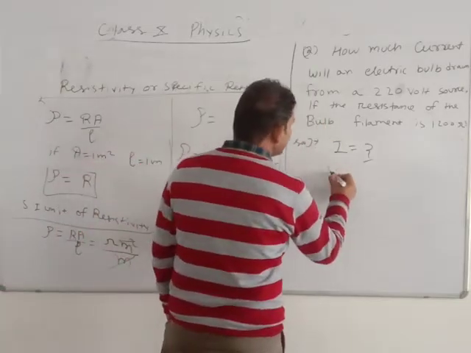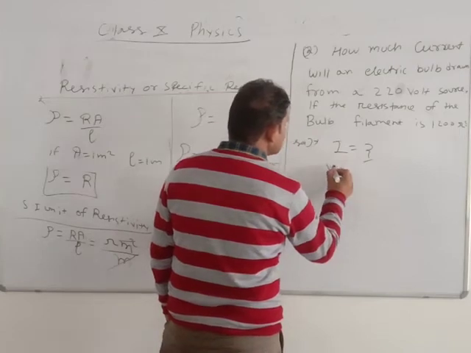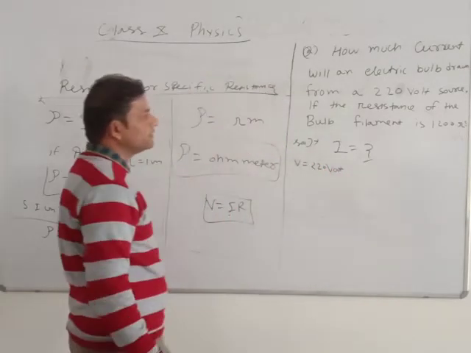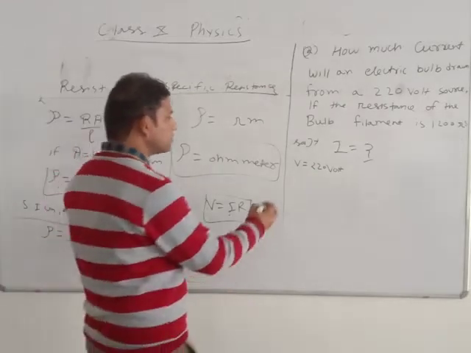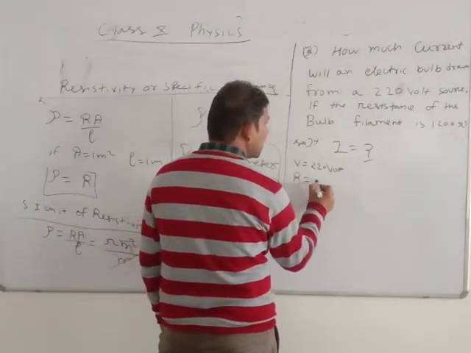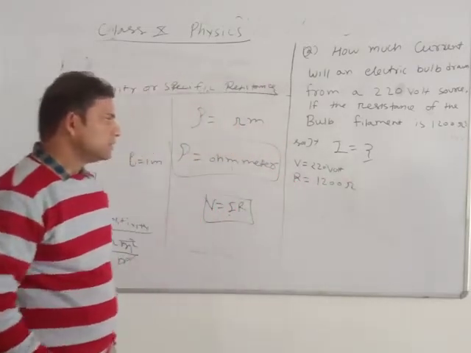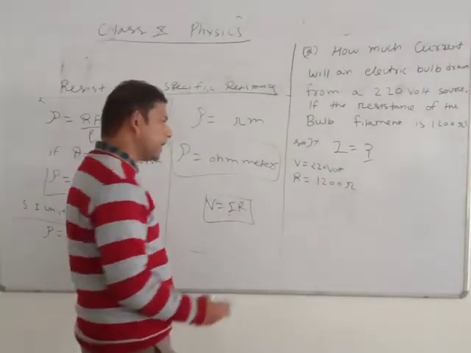The voltage is 220 volt, V equals 220 volt given, and resistance R equals 1200 ohm is given. Then we can find the value of I.